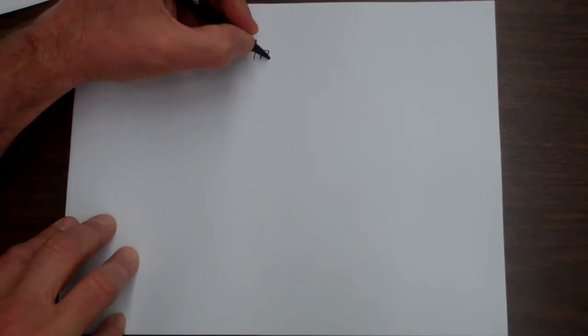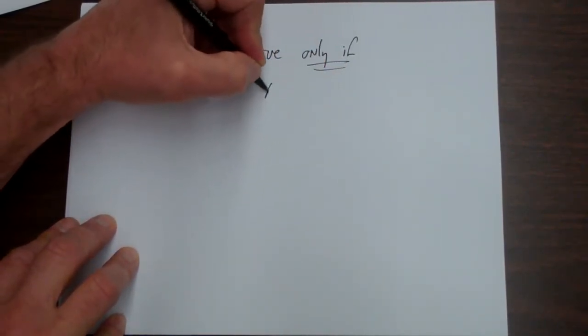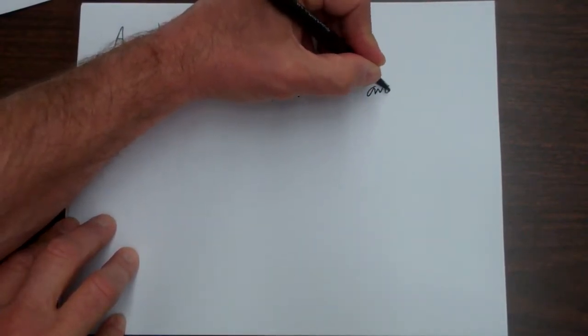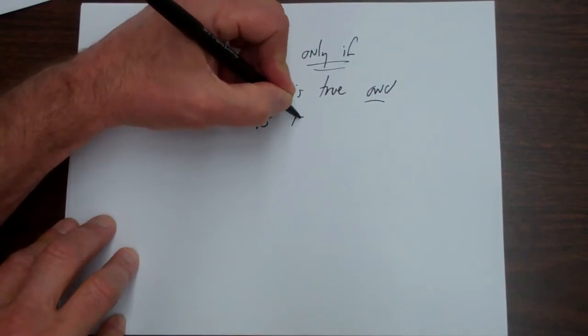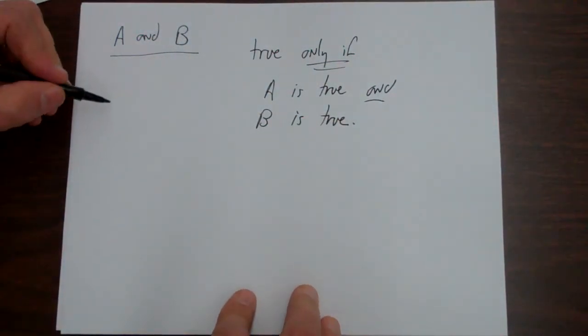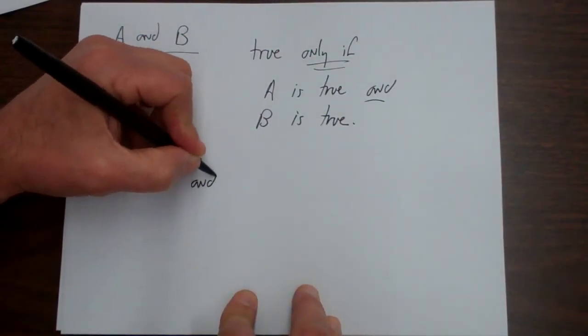Let's contrast that real quickly with and. If we say A and B, that's only true if both are true. So in that case, think about what is a face card and a heart.